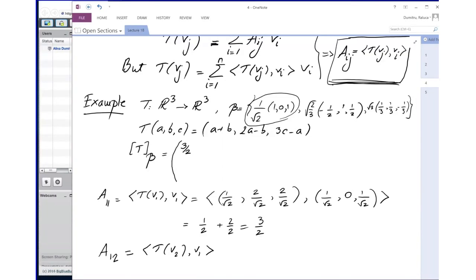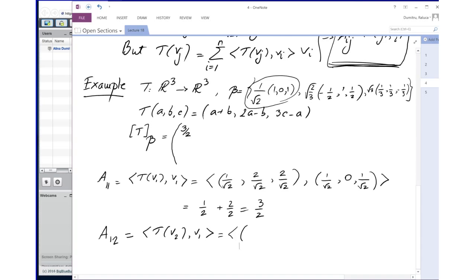T of V2 is, so A plus B, so 1/2 times the square root of 2/3, 2A minus B, so 2 plus 1/2, 5/2 times the square root of 2/3, and 3C minus A, or 2, square root of 2/3.